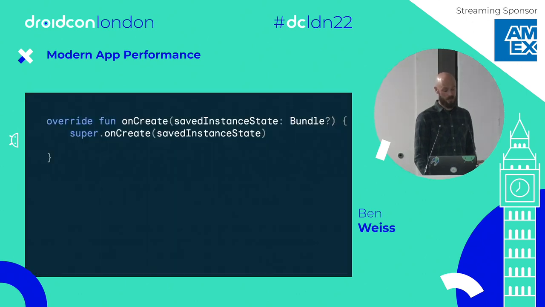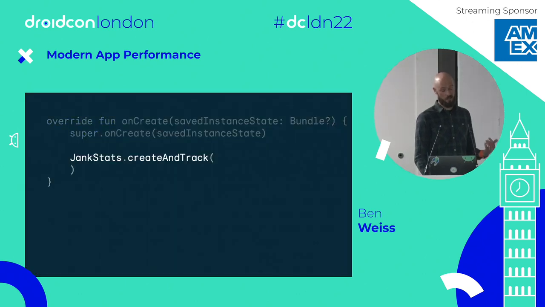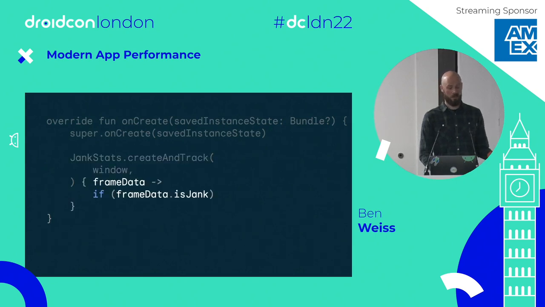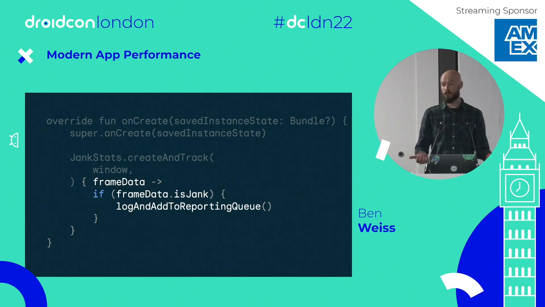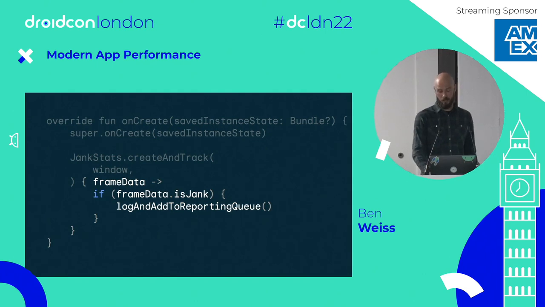The way this works is you install the library in a window, and you pass in the relevant frame data and check whether it's janky. And once it's janky, you log it and you add it to your reporting queue. And then once your reporting queue is full, the next time your device is idle or it's charging and has all the boundaries set up, you then upload that to, say, the Firebase console, and that's a possibility as well, or to whatever reporting you want to have in the backend.